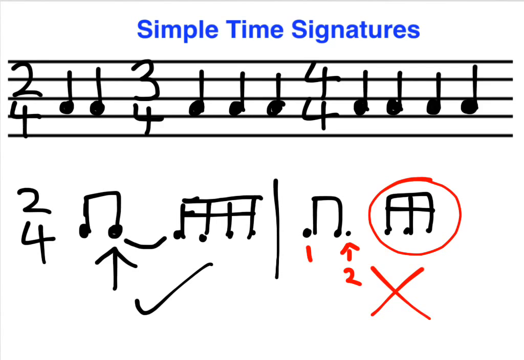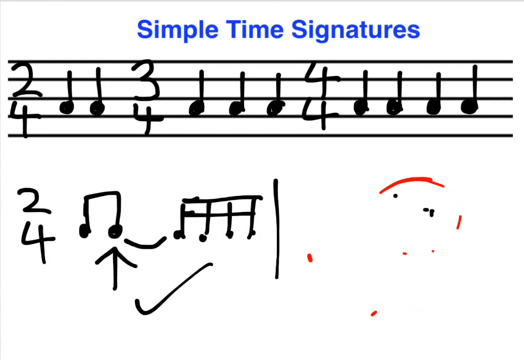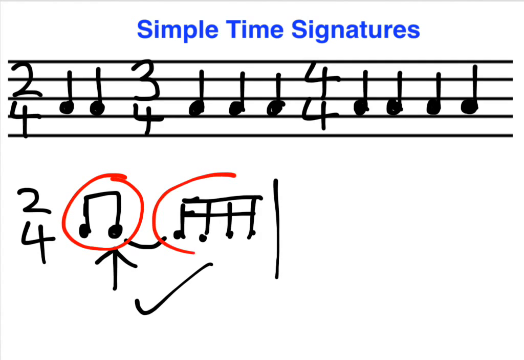So that's wrong. Instead of doing that, you sometimes would have to use a tie. And as you can see, if you use a tie, it's very easy for someone to see where the first beat begins and ends and where the second beat begins and ends. So sometimes you will have to use ties.